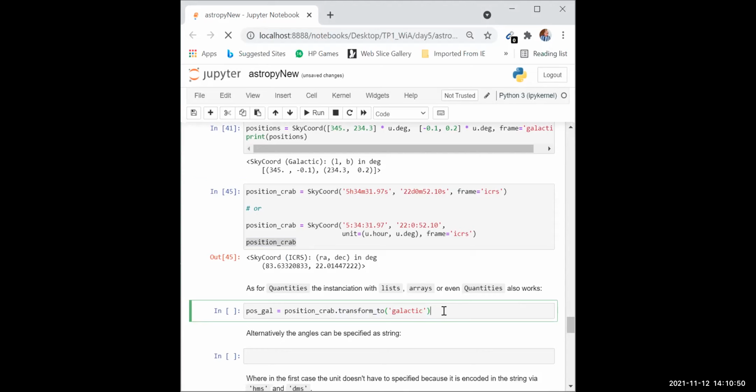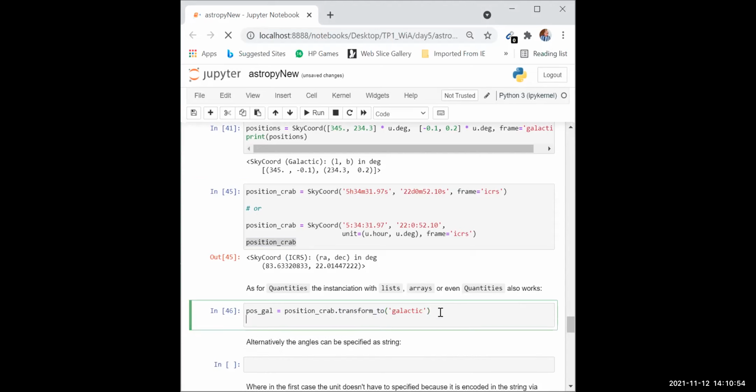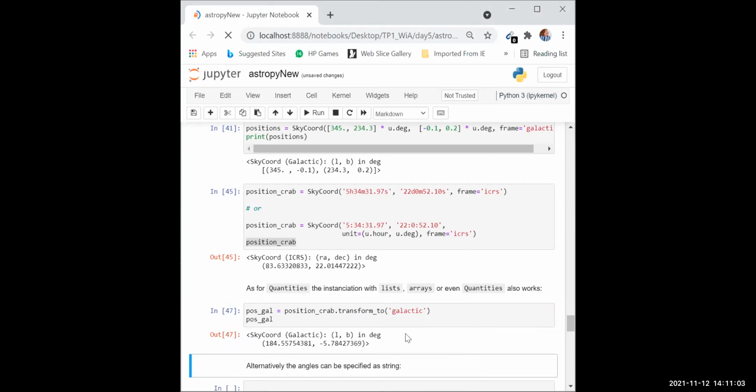When you run it and I write what the position in gal is, I'm getting it in the galactic coordinate system, which is 184.5 and minus 5.7. So this is the way you can convert very conveniently from one to another.